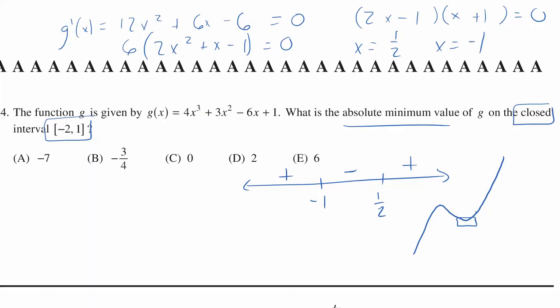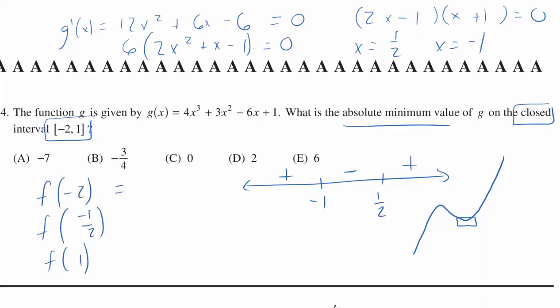Now the question is, on the closed interval, so I need to check my bounds, f of -2, my local min, maybe, 1/2, and then my other bound. Let's take a look.